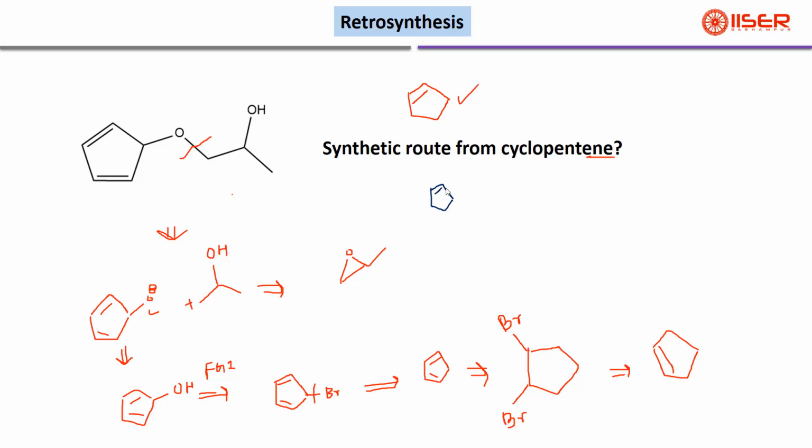From cyclopentene, in the first step, if you add Br2, then it will undergo the bromination reaction, dibromination reaction, and dibromination is always the anti-bromination.